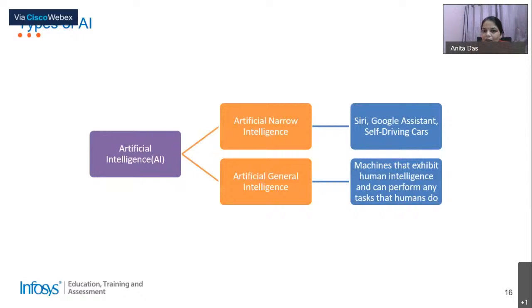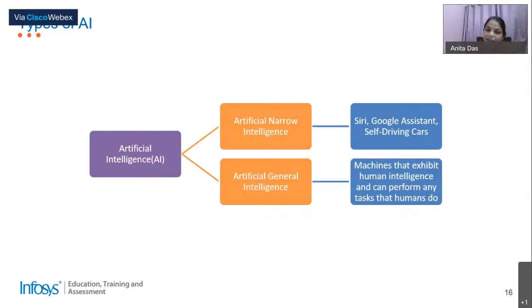For example, Siri or self-driving cars are good at doing one kind of task. They cannot do all the tasks like a human being. A human being can drive, think, solve problems, and do a lot of things. But narrow intelligence is good at solving one kind of problem at a time.